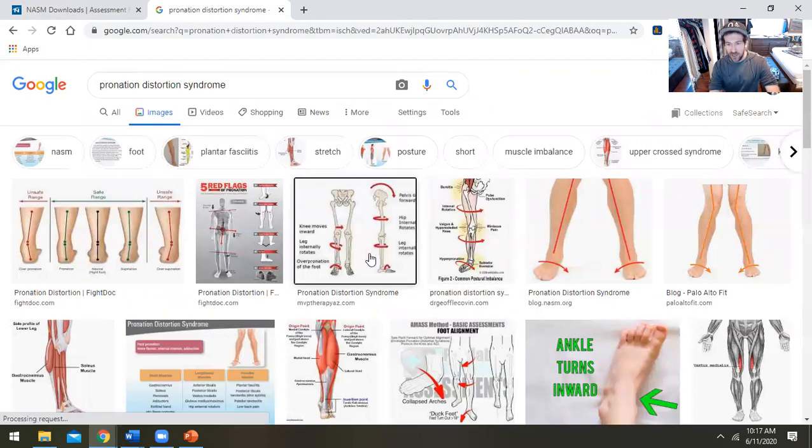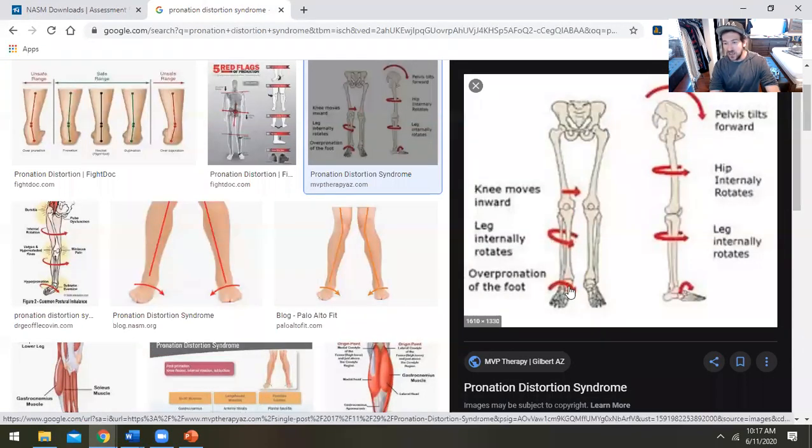All right. So when you overpronate your foot, right, it's external rotation, it's eversion, because the bottom is going to show out this way. All of this stuff is falling inwards here. That results in internal tibial rotation and internal femoral rotation, which is affecting your hip joint.